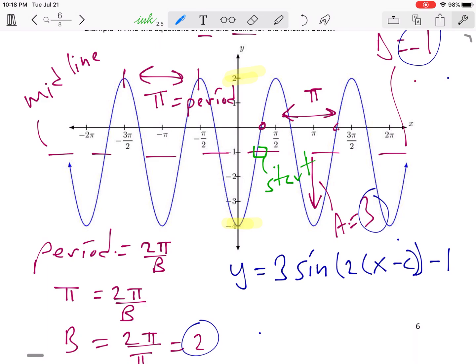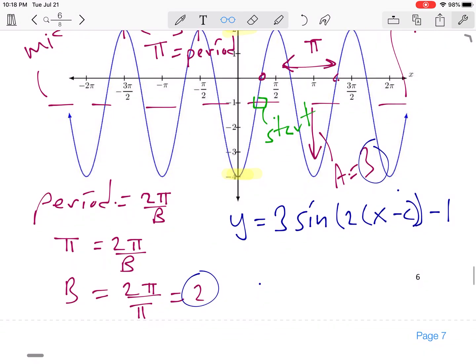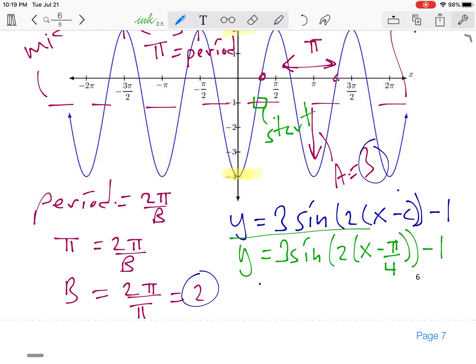If you look at the picture, that's halfway between 0 and pi over 2, which is pi over 4. So what this is telling you is you shifted right pi over 4. So you have y equals 3 sine of 2 times x minus pi over 4, that's your shift to the right of pi over 4, minus 1. And so that's your equation.